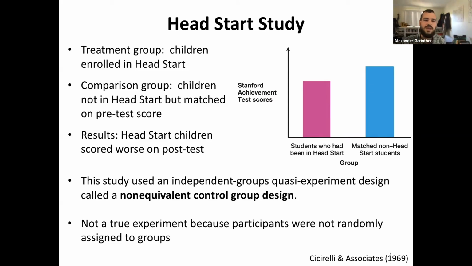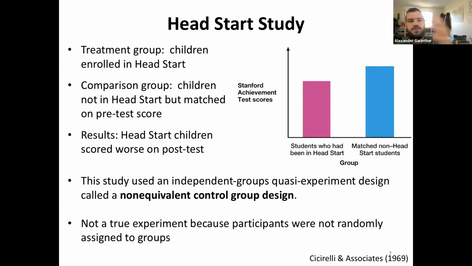And then we look at our dependent variable, in this case Stanford Achievement Test Scores. We look at test scores after the program, and we try to see the effects of our treatment or manipulation, which was this federal level program. So sort of taking the framework of an experimental design and imposing it on a real world variation or difference in conditions.